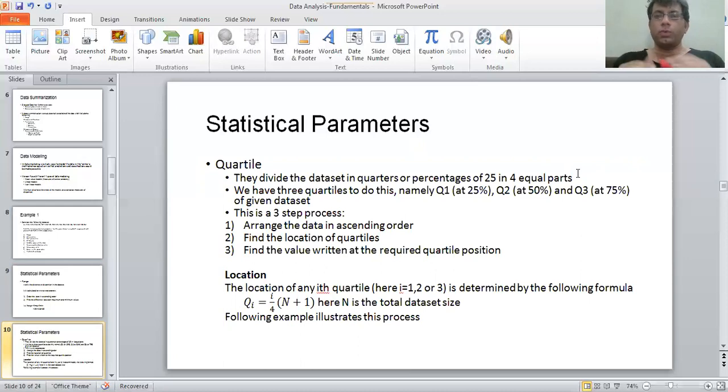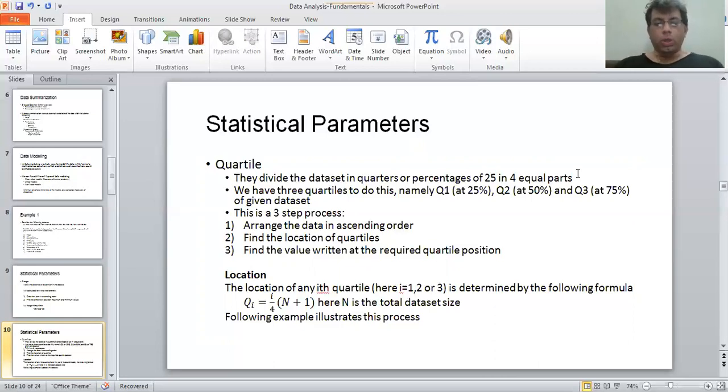So if I want four portions, I need three cuts, and they would have specific positions. If I want five portions, I can get them using four cuts. So this is the basic idea of what quartiles, percentiles, and deciles do.